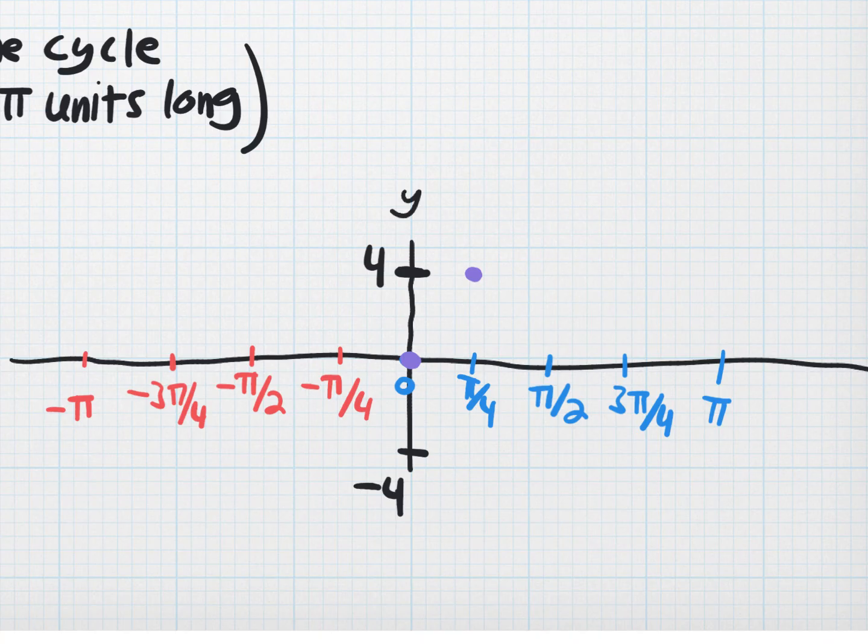At the next mark, you're going to take a step down and you're going to go back to 0. At the next quarter mark, you're going to go all the way down. And then at the next quarter mark, you're going to end in the middle again, right? You should always finish where you started. And then what you do from here is you connect the dots. Connect the dots, and then you should get one cycle that looks like that.